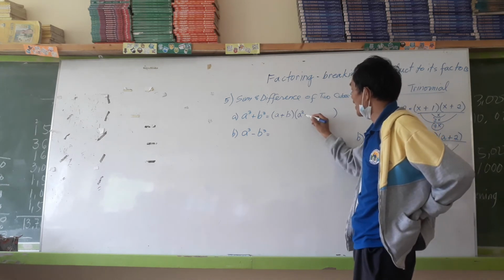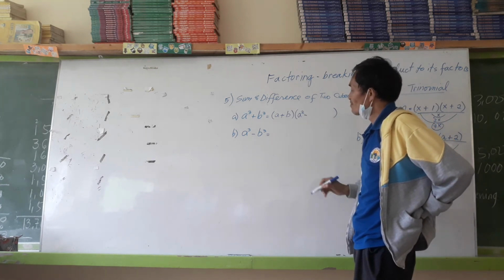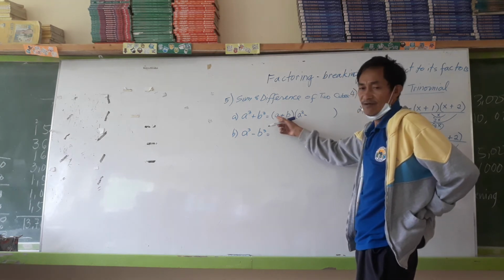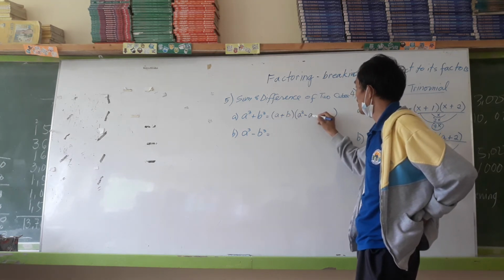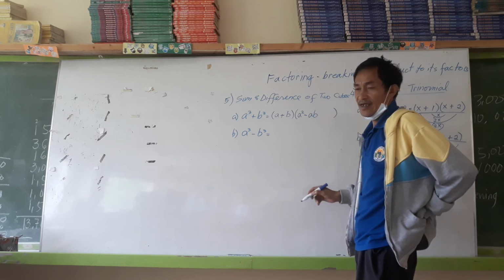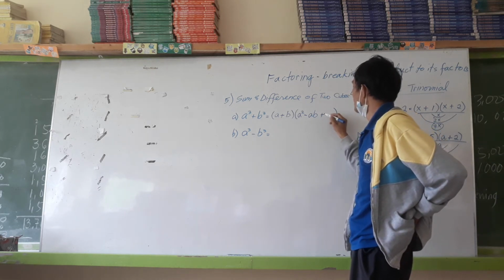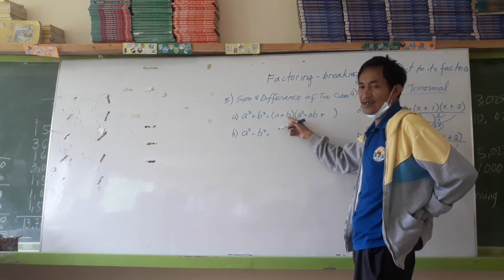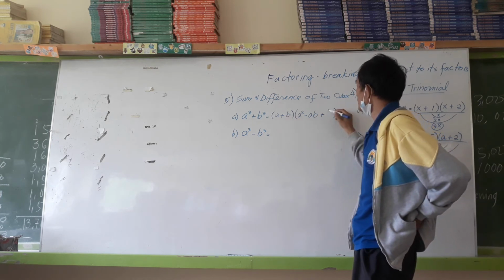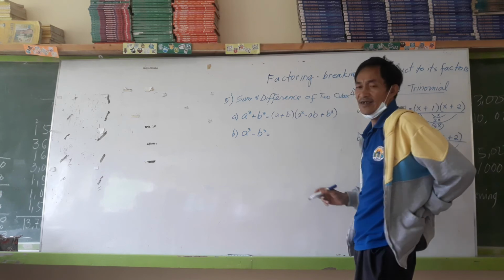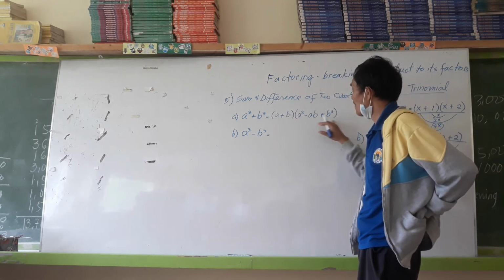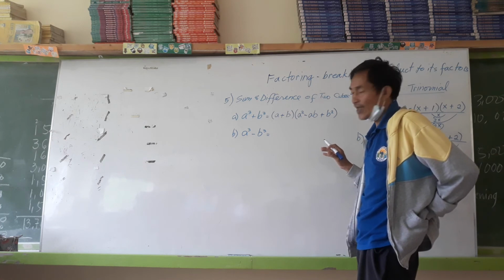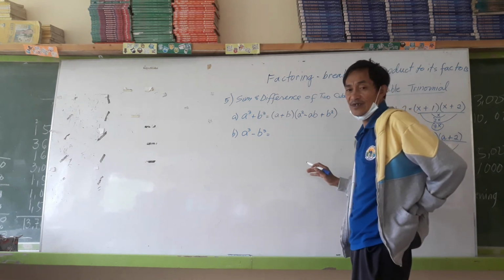Then, alternate the sign. This must be minus. Okay? Multiply the first term and second term, that will give you ab. Then, plus. Square the last term, that is b squared. Okay. That's how you're going to get the trinomial factor of this sum of two cubes.